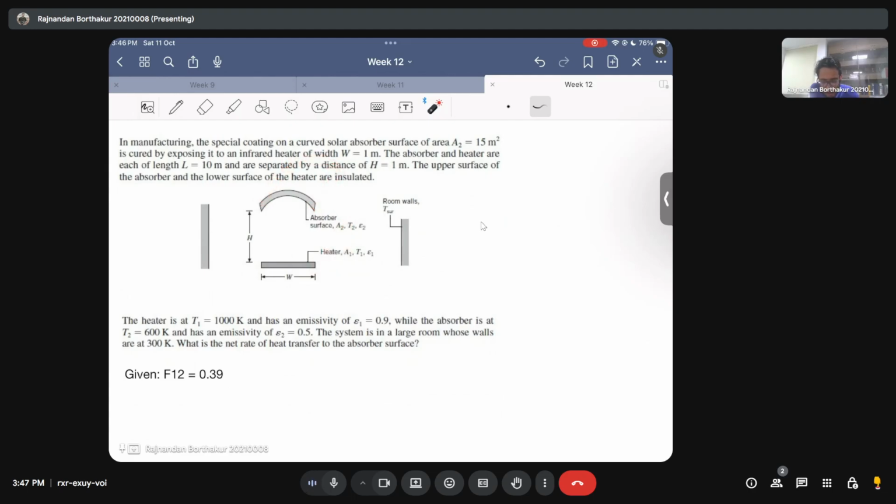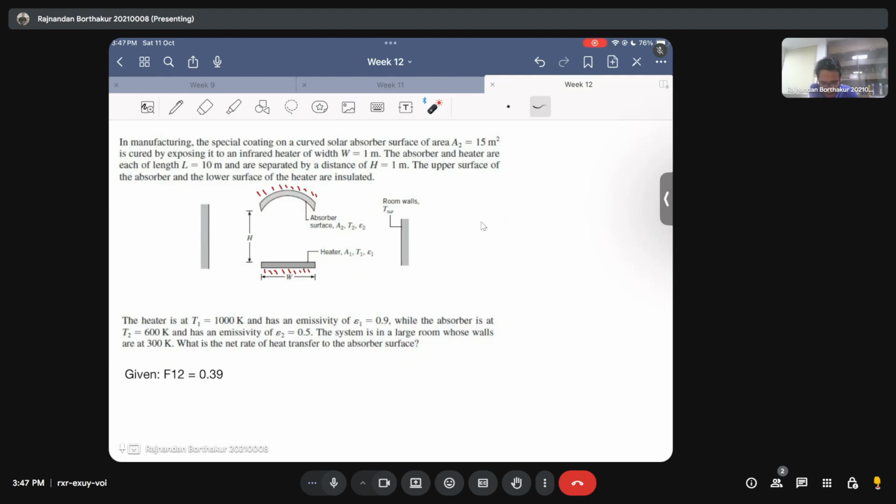Okay, the upper surface of the absorber and the lower surface of the heater are insulated, meaning that there cannot be radiation exchange taking place from these surfaces, which I have shown in red. Which means that the only heat transfer that can take place by radiation is from the lower surface of the absorber and the upper surface of the heater.